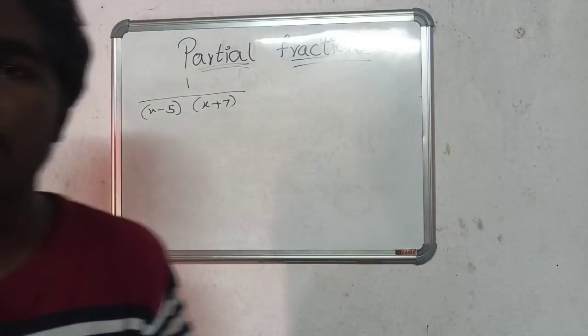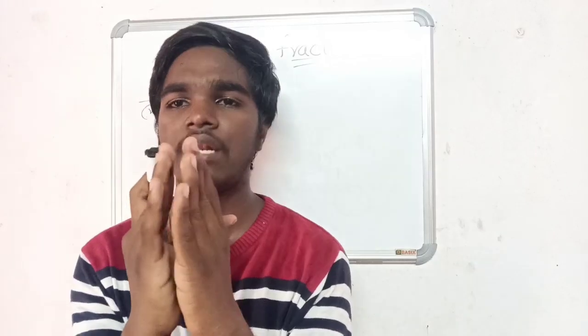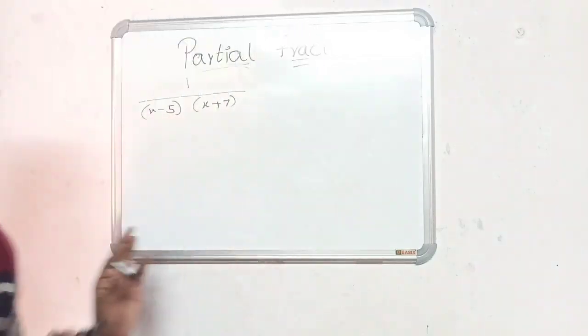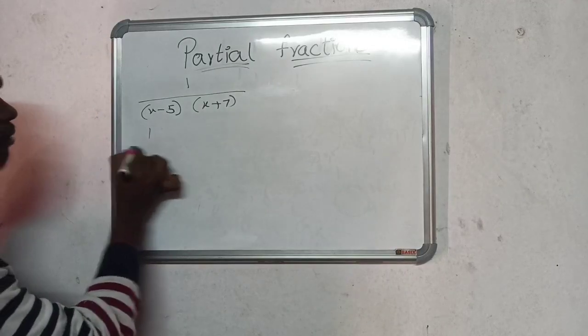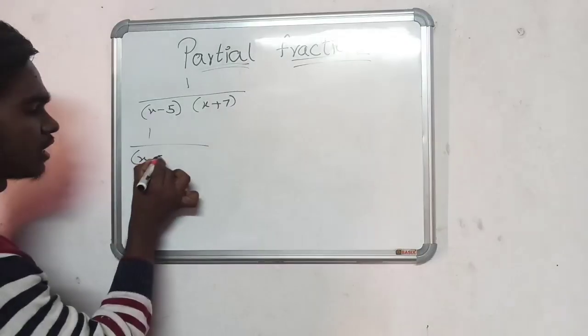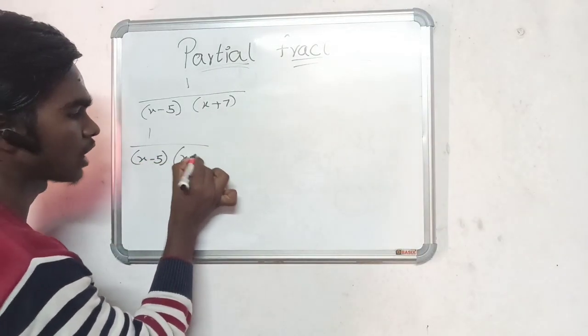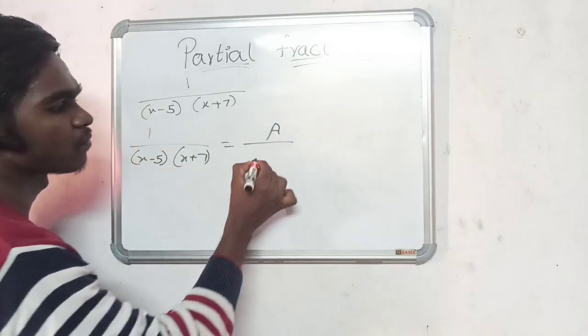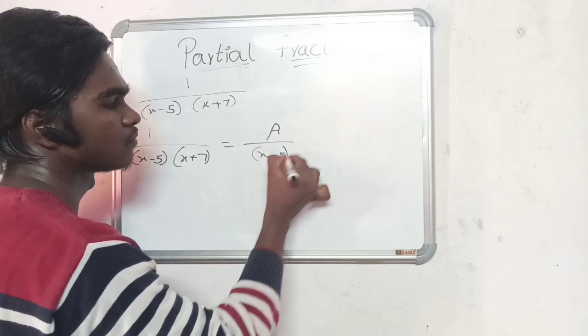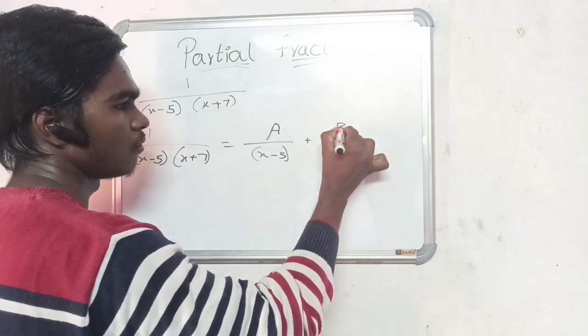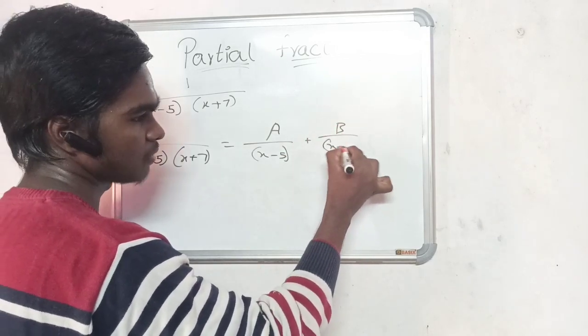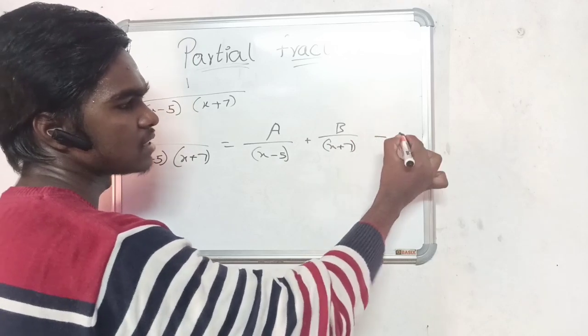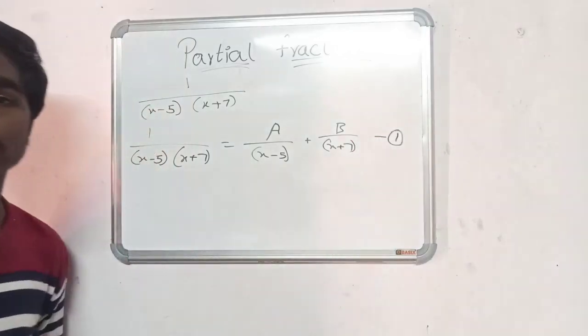Now the first step is to divide the whole fraction into two parts. 1 by x minus 5 into x plus 7 is equal to a by x minus 5 plus b by x plus 7. Let us consider this as expression number 1.